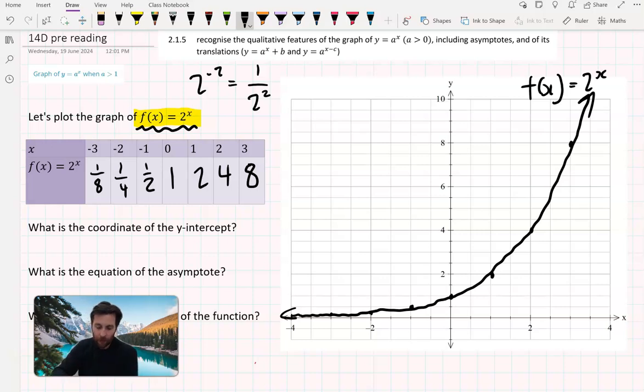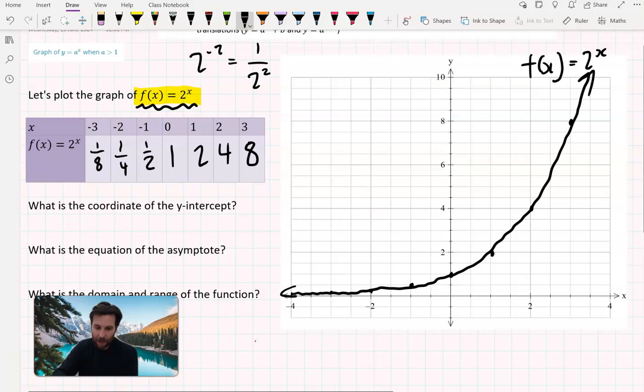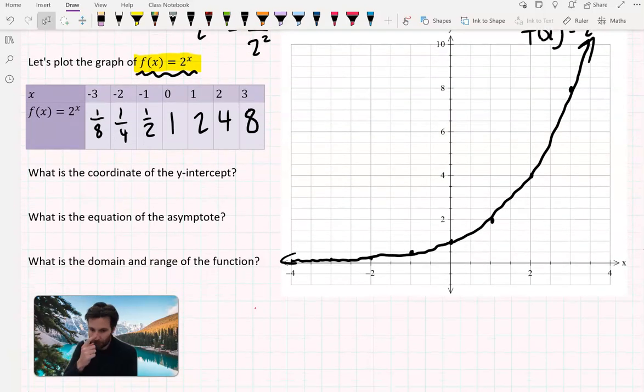Okay, now I've included a couple of key questions for us to answer. So number one is, what is the coordinate of the y-intercept? So looking at the graph, when x was equal to 0, we identified that the output for that has to be 1, because anything to the power 0 is 1. So that's kind of a key takeaway for this one.